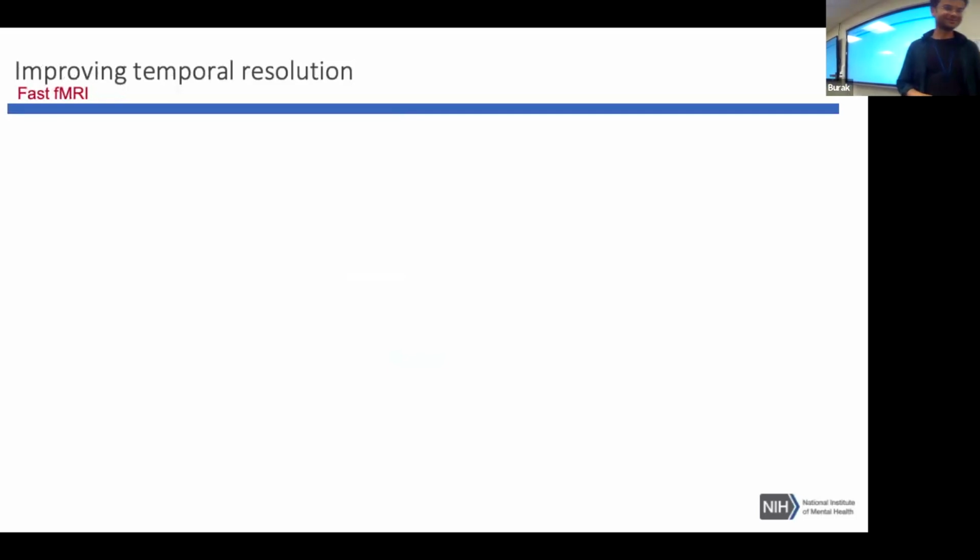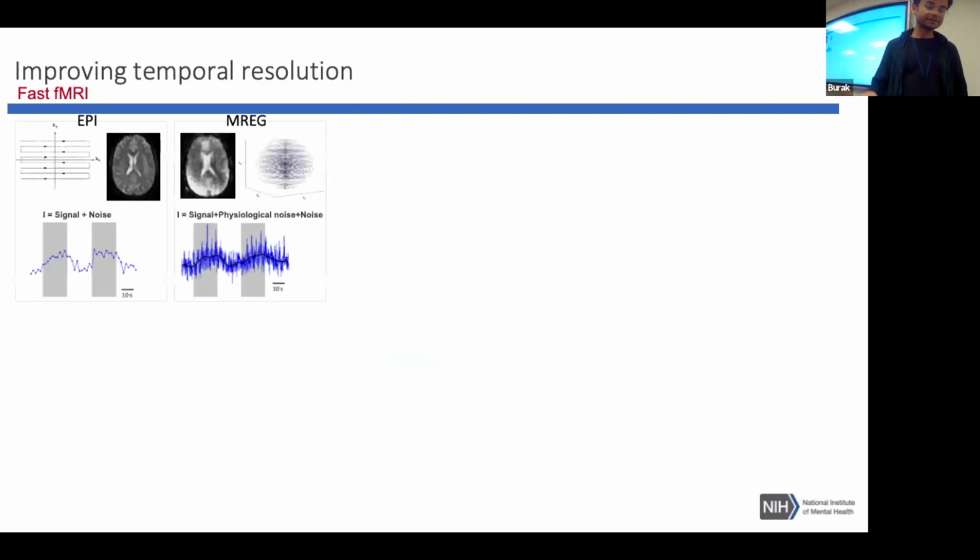There will be more. So improving temporal resolution would help because these signals are time correlated, and there are techniques to do that. On the left, you see echo-planar imaging, which delivers a decent image quality, but it is rather slow because you acquire k-space, which was mentioned by Vinay two lectures ago, slowly in a line-by-line manner. But you can speed up that process at the expense of image quality. Then you will have a lot of volumes and time information.